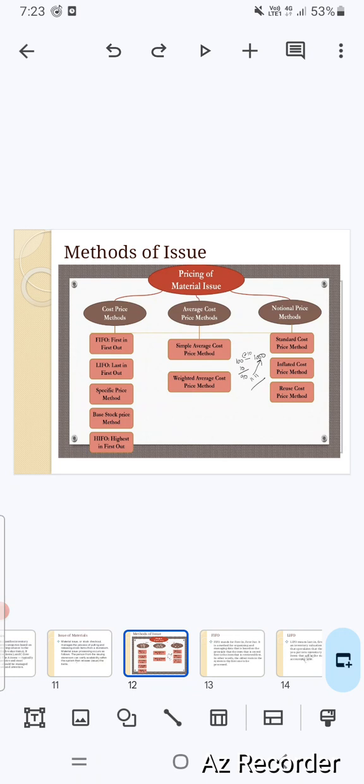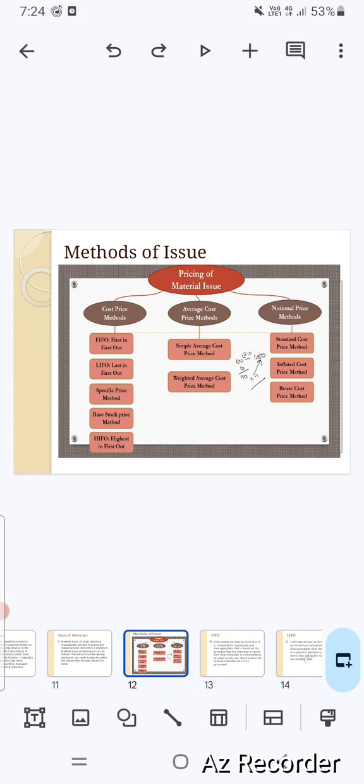So the first one is pricing of material. It is classified into three: cost price method, average cost price method, and notional price method. Under cost price method, it is further classified into FIFO, that is first in first out. Next LIFO, last in first out. Next specific price method.